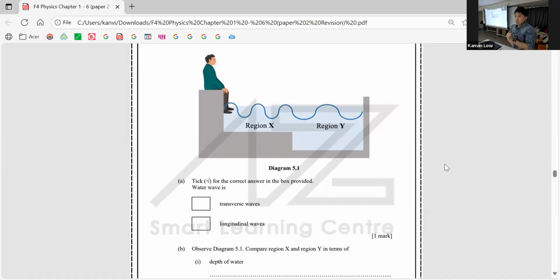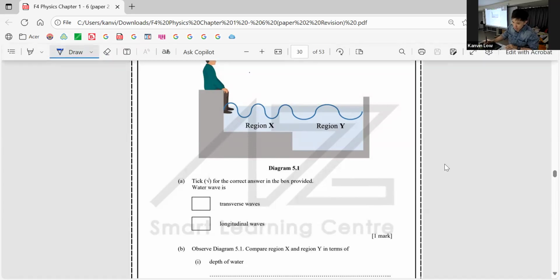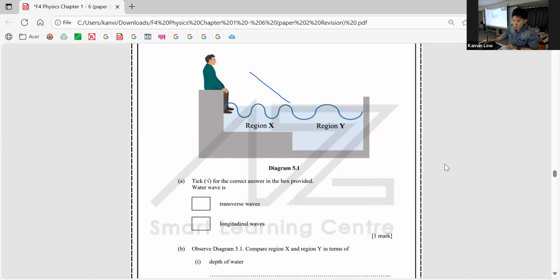Refraction is when there are two mediums. For example, if your light goes from the air into the water, it will refract and bend nearer to the normal. Remember this? Okay.